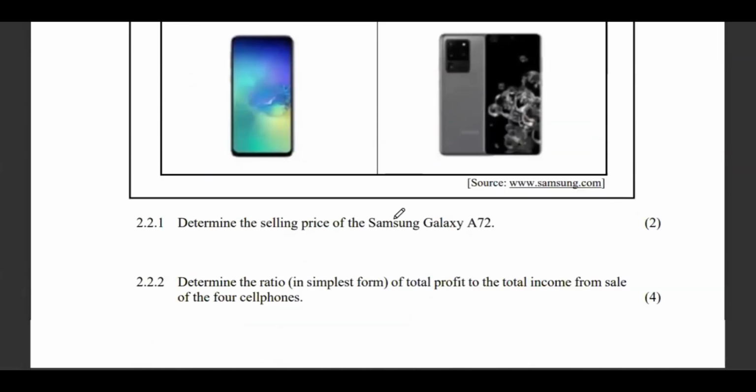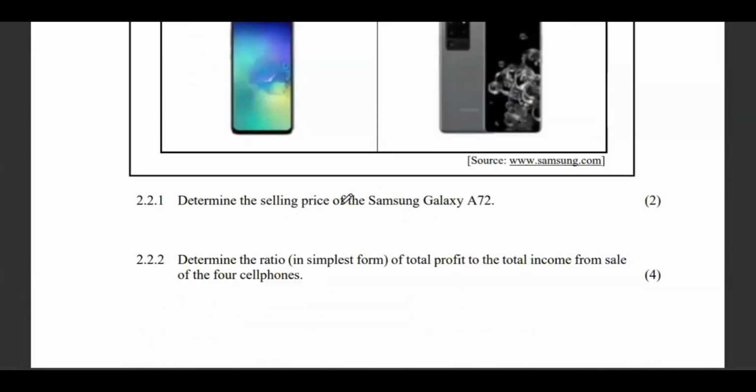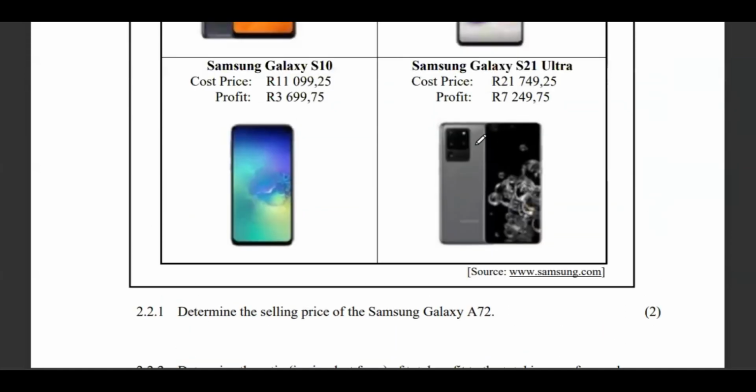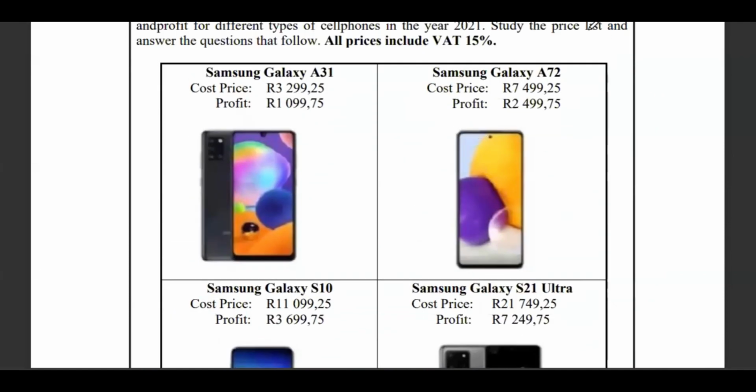All right. Let's say determine the selling price of Samsung A72. Selling price. So we come to Samsung A72. Where is it? It's this one here. We want the selling price, that's what they are saying.